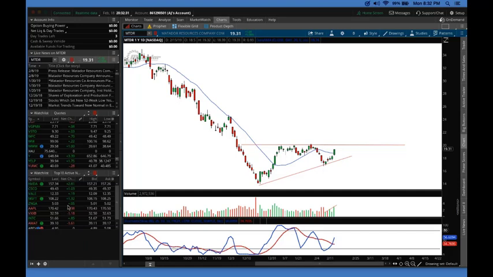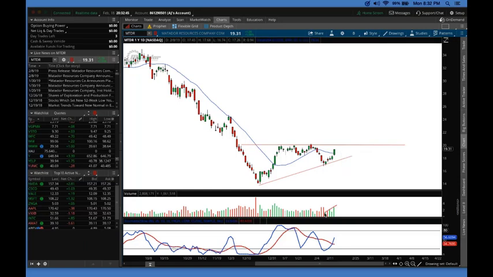The way I see it right now, if we get a green candle tomorrow and the volume is still high, that wouldn't be so bad. When you have a stock that's approaching resistance like this one is, and you see the volume increasing, what that generally means is that momentum is building into resistance.